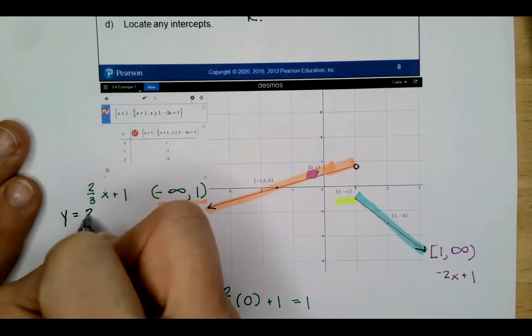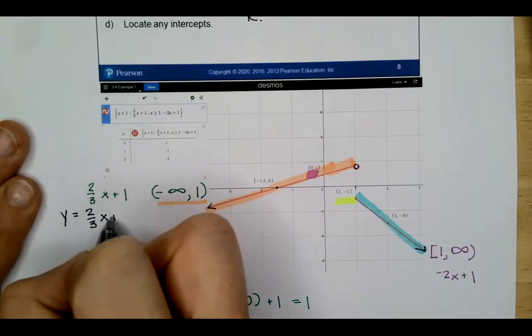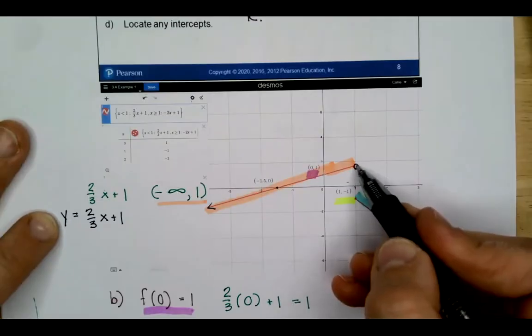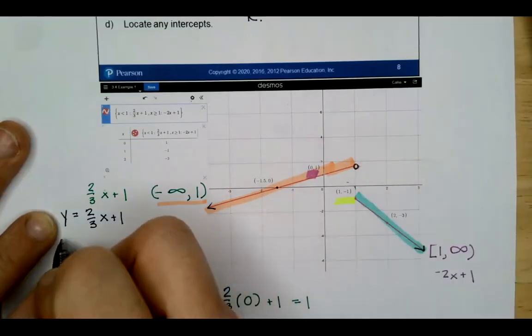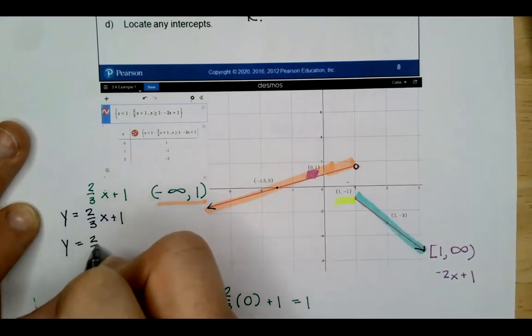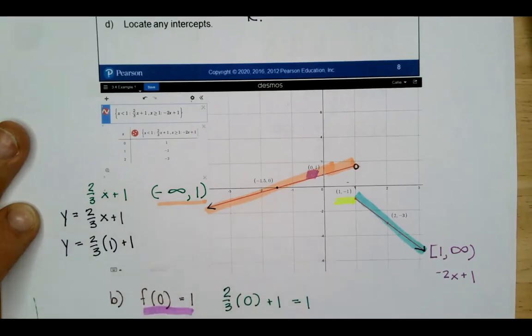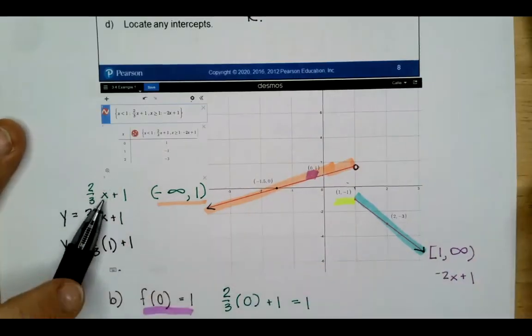Y is 2/3 x plus 1 is the graph we're working with. And the highest the graph goes is when x is 1. 2/3 times 1 plus 1. 2/3 times 1 is just 2/3. 2/3 plus 1.